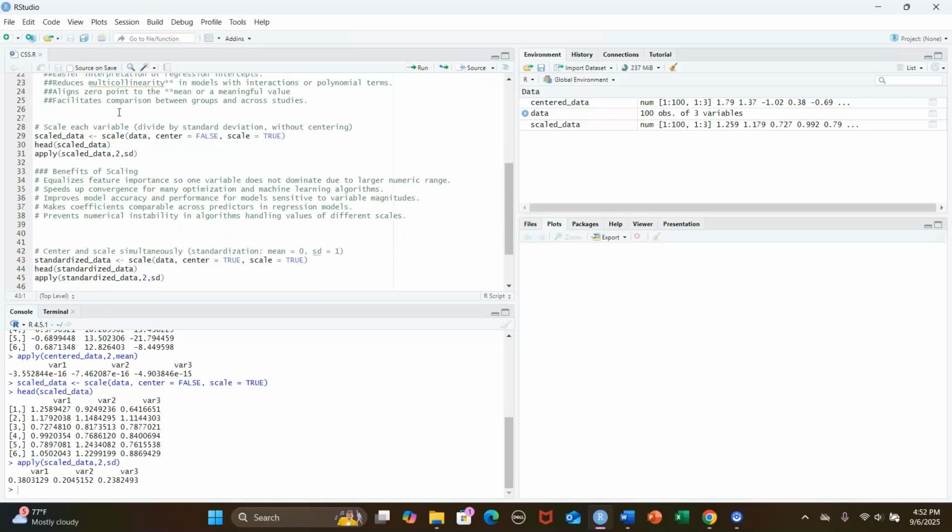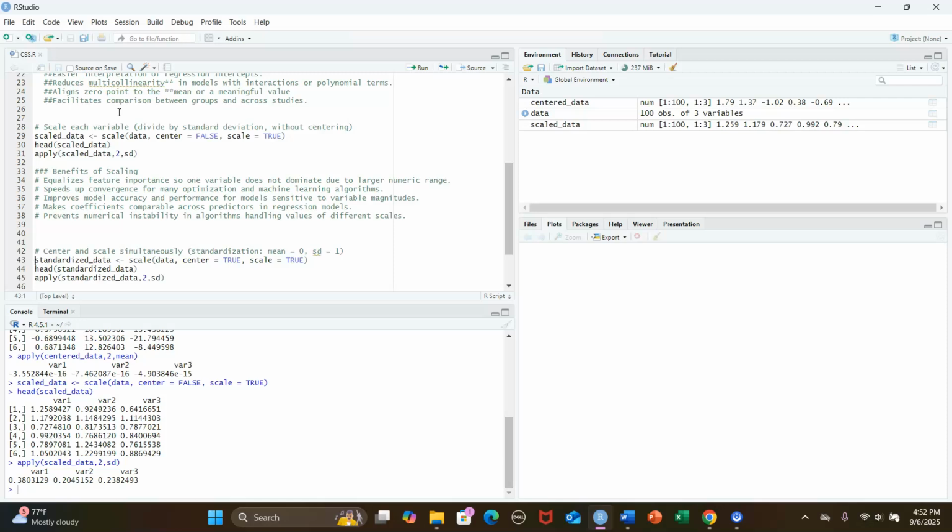But the true strength of the scale function is that you can do both centering and scaling at the same time. When you do scale and center at the same time, it's called standardization. It brings the sample mean to 0 and the standard deviation to 1.